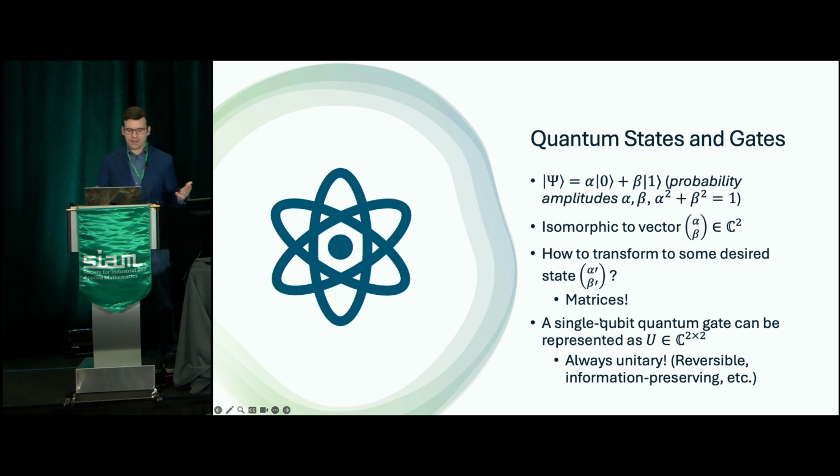Change one vector into another, we'll use matrices, right? And so the key point here, a single qubit quantum gate is a 2x2 complex matrix, and it'll be unitary as well. There's a bunch of physics implications of that operator being unitary. It's reversible, information preserving, however you want to think about it. So again, quantum computing, the mathematics is sort of as nice as you could hope for in a lot of ways.